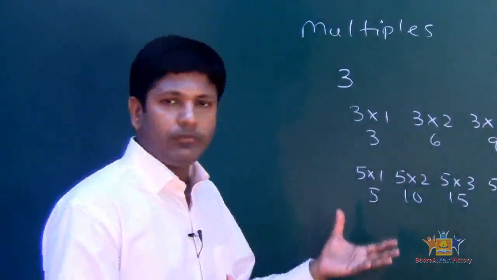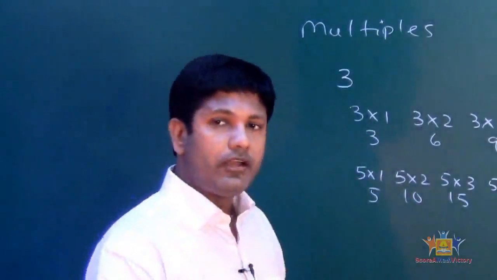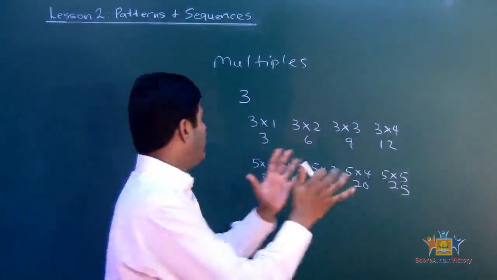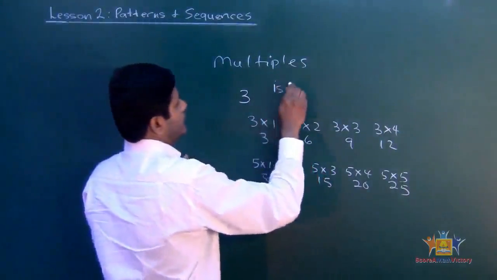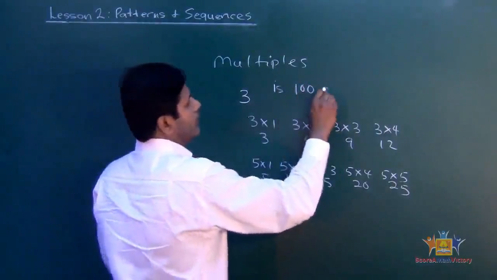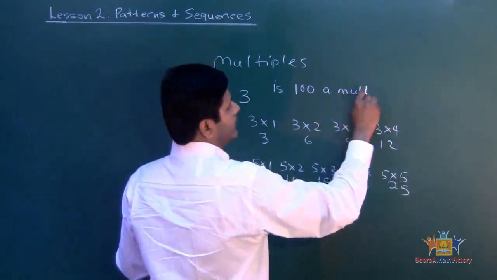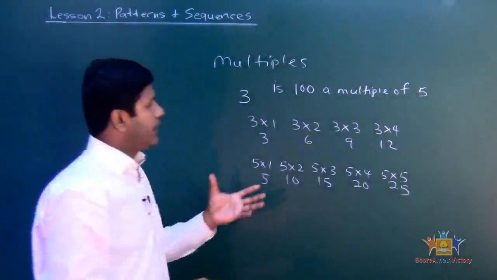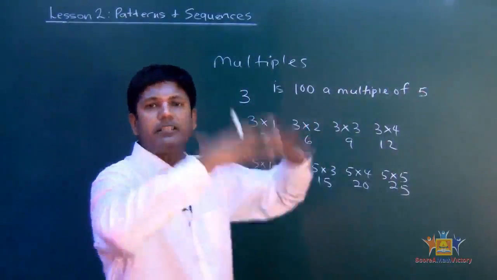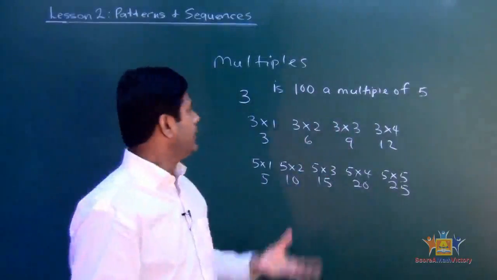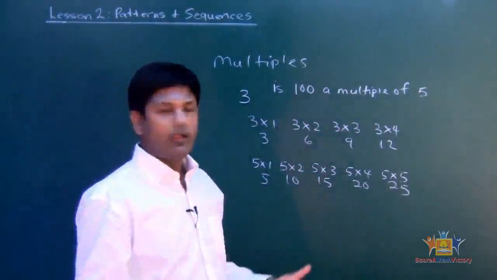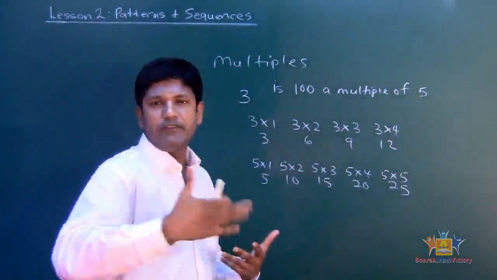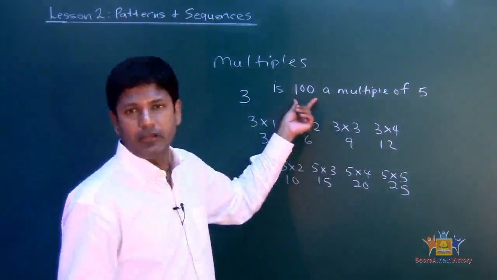If I had to ask you, is 100 a multiple of 5? Let's write it down. Is 100 a multiple of 5? That word multiple means 5 has been multiplied so many times that it comes to 100.